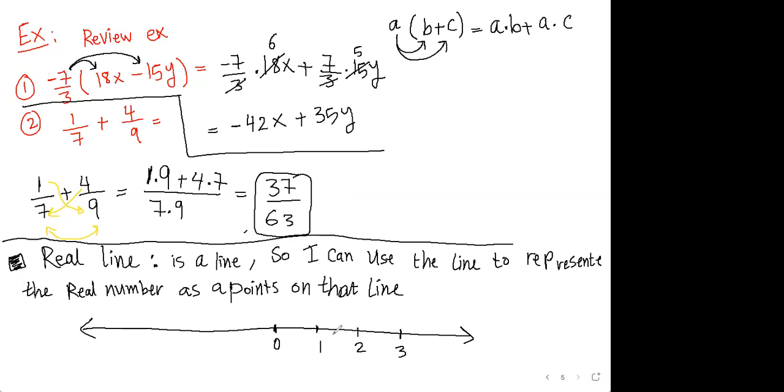The real numbers here I can represent as points. 0 as a point, 1 as a point, 2 as a point, and also 1/2 as a point, 1/4 as a point, -1, -2, -3. All of these I can represent as a point. So the real numbers I represent as points in the real line. This is called the real line.